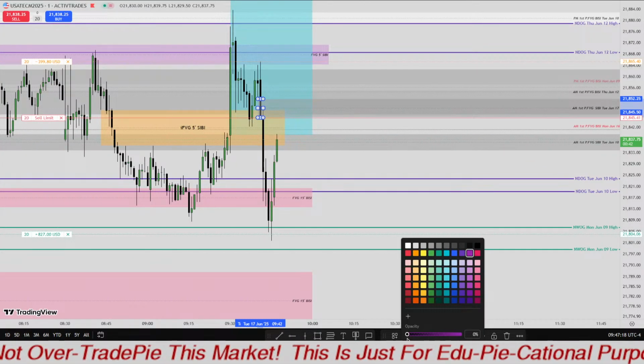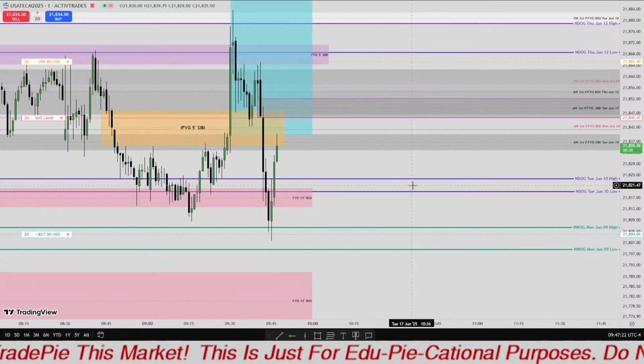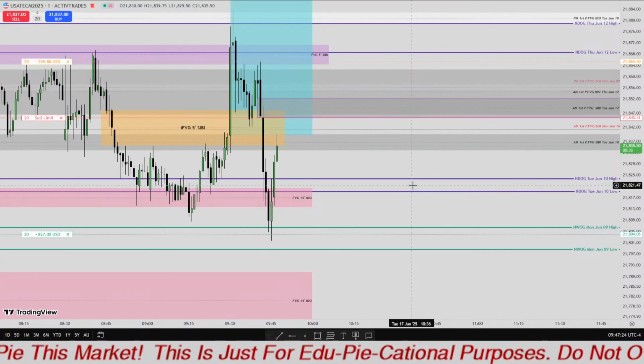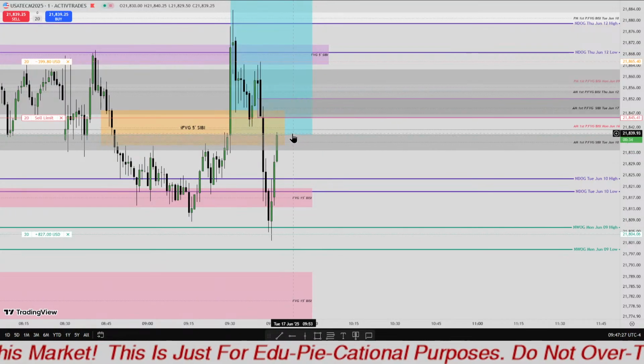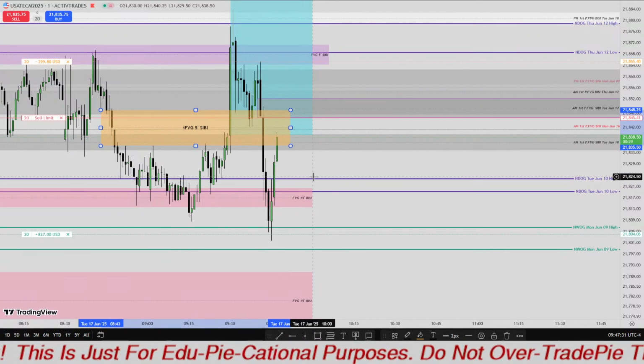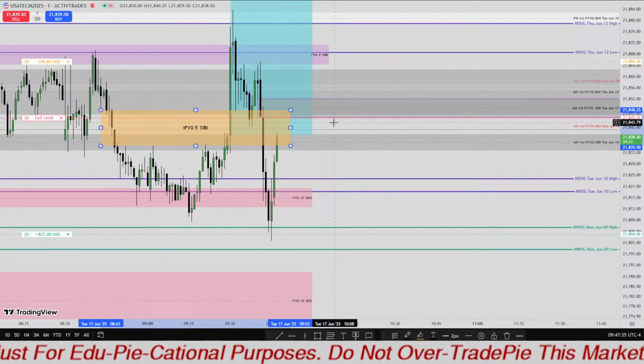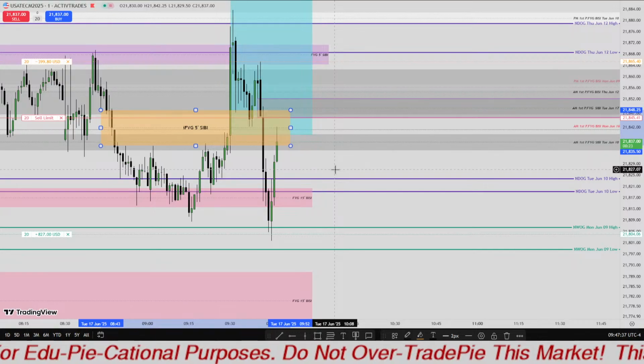Let's also put some border for this to make it separate. We tapped into the 5-minute CB over here once again and are getting very close to getting filled in the position.